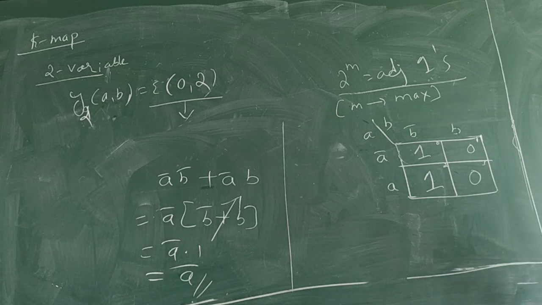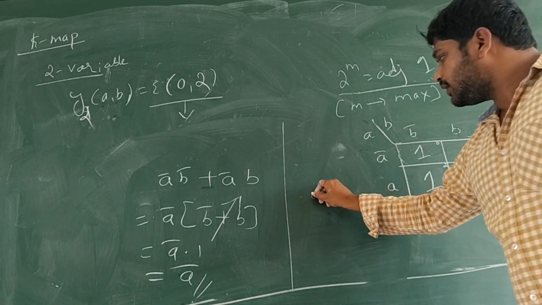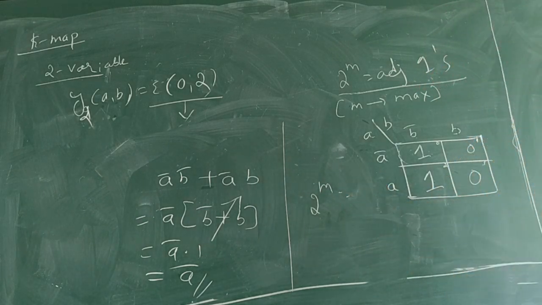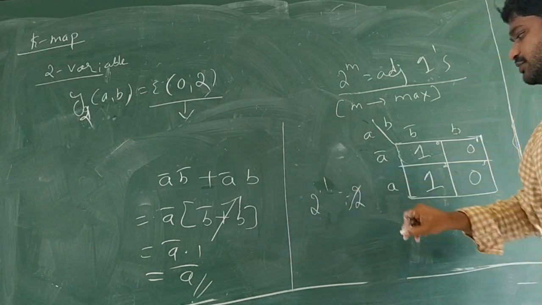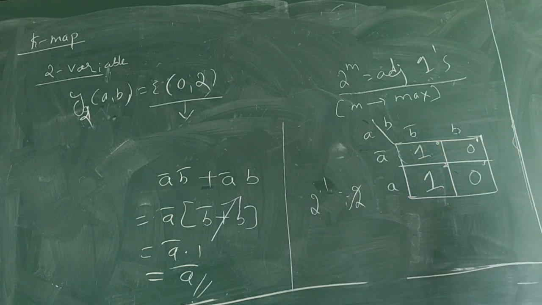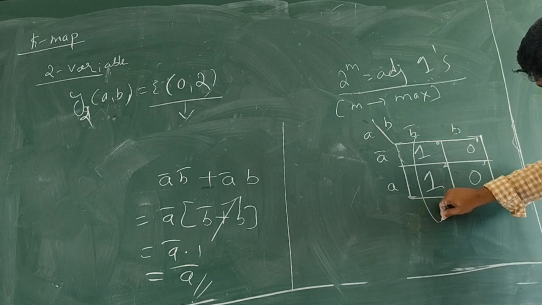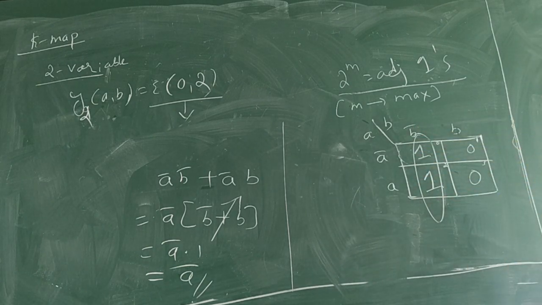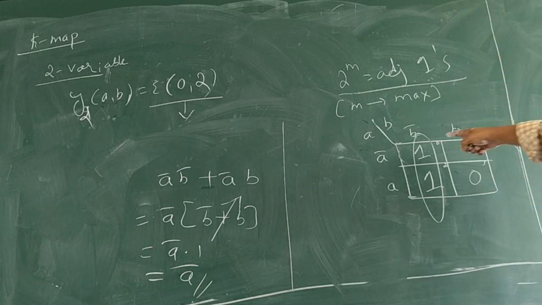So now, are there adjacent ones? Yes. How many? There are standard 2 raised to m adjacent ones. How many? 2. Yes, it is possible. We can put in a cover. So now, can we put a vertical cover? Yes. Now we have to think beyond cells at cover level. So how is the cover?